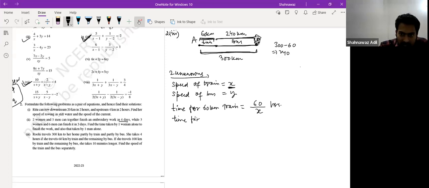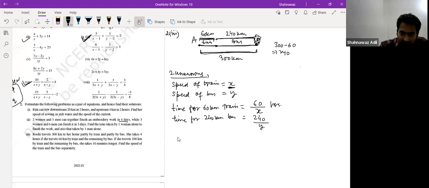And time for the 240 kilometer by bus: distance is 240 and speed is Y.